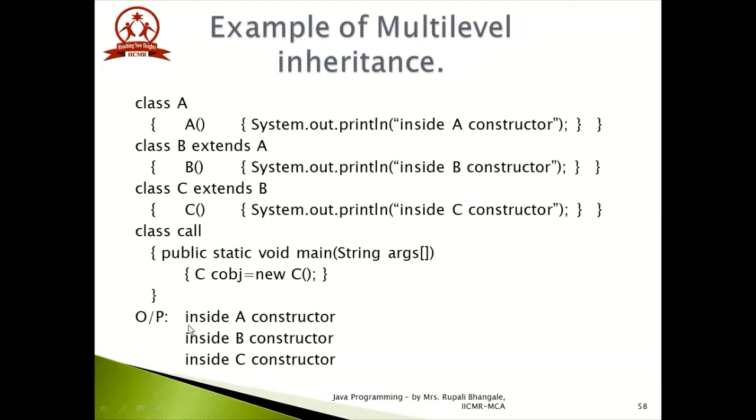So the output will be first the parent class constructor, then the child class constructor. Accordingly, the output will be in the sequence: inside A constructor, inside B constructor, inside C constructor. This is the sequence of executing constructors whenever you have multilevel inheritance.